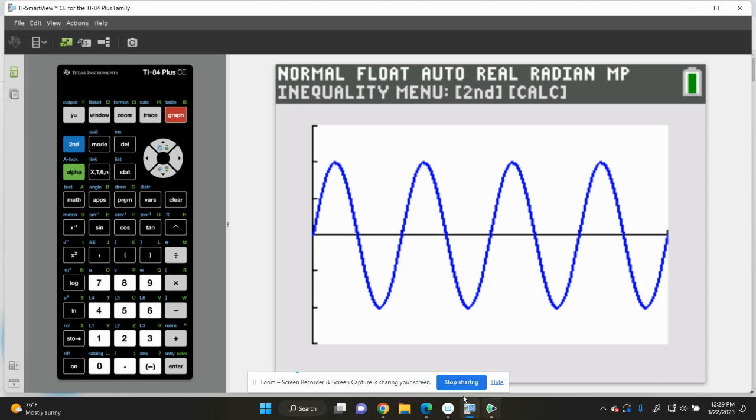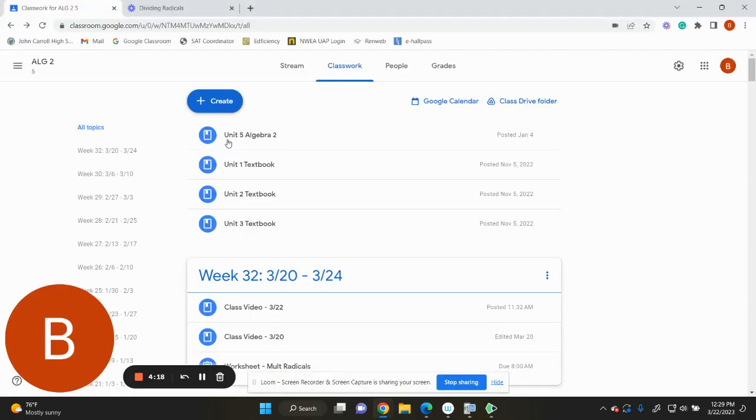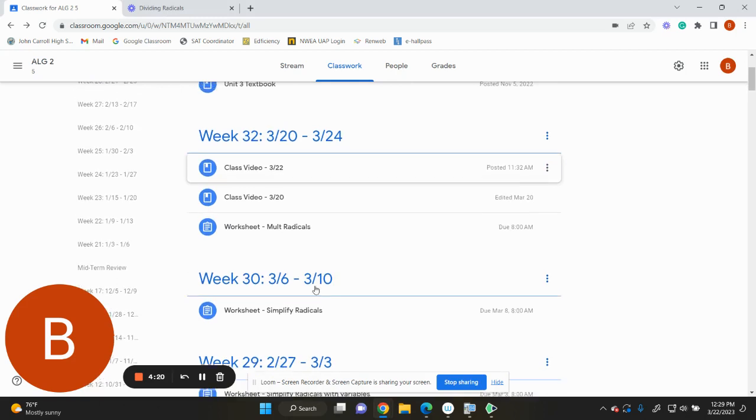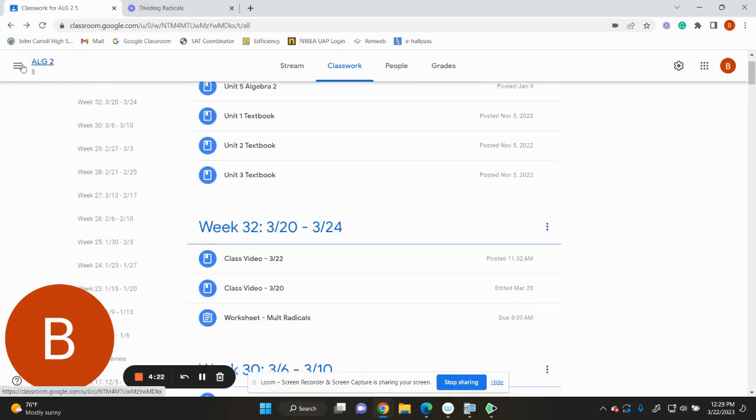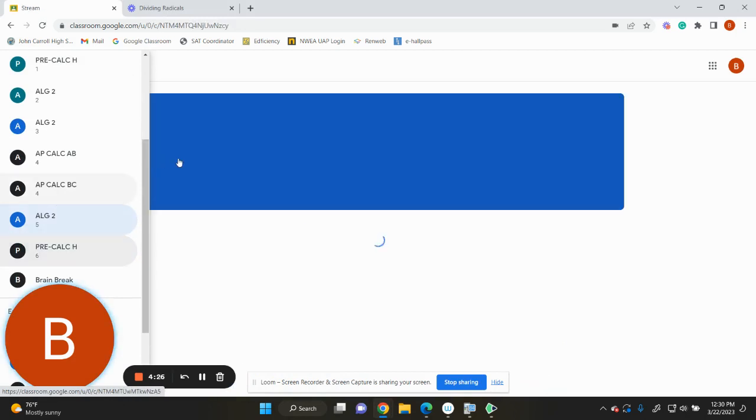Let's look at cosine. Remember, cosine is the x coordinate. Actually, let me pull up those videos again. Let's see here. It'd be better if I actually looked in pre-calculus instead of algebra 2.